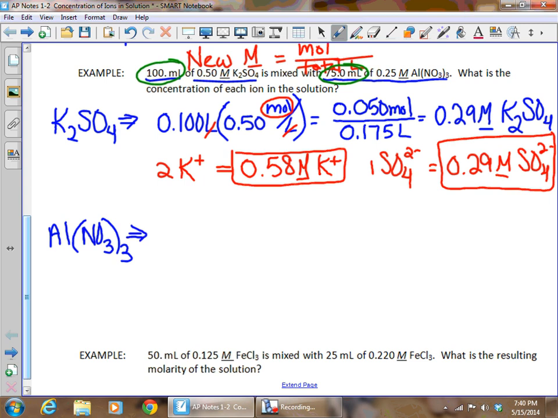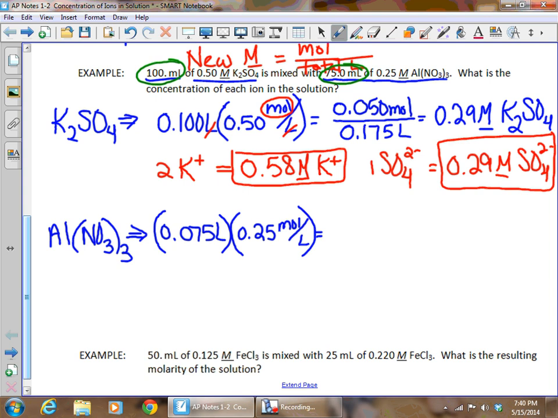For aluminum nitrate, we had 0.075 liters. Liters times molarity gives you moles. And we're going to multiply it by its molarity of 0.25 moles per liter. Liters cancel.